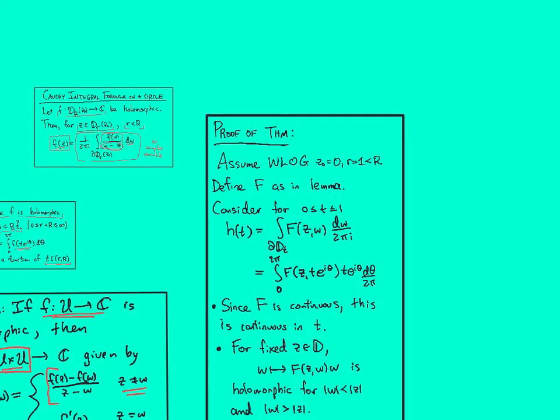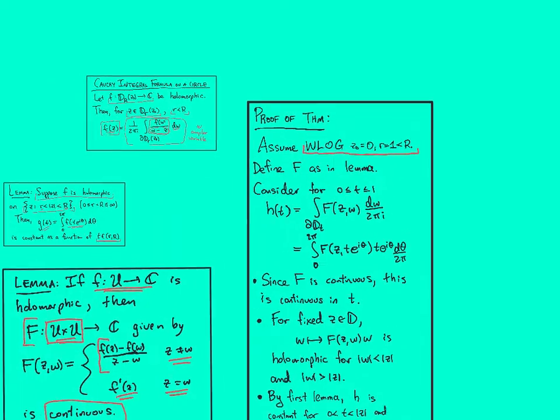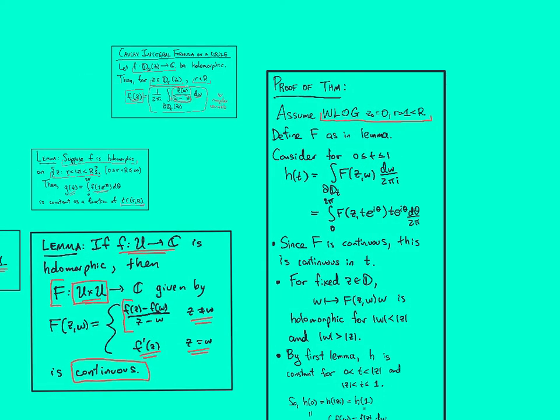Okay, so we'll start by assuming, without loss of generality, by translating and rescaling, that z naught over here is just 0 and little r is 1 and less than big R. So first thing we do is we define capital F as in this lemma here, as this difference quotient function when z is not w, but it's equal to the derivative when z equals w.